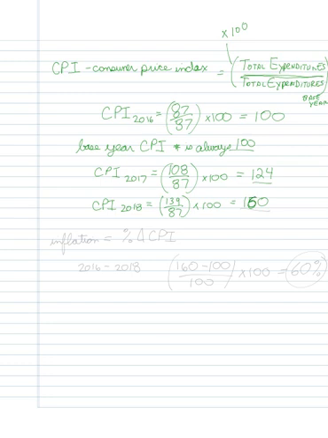So now with these CPI numbers, inflation equals the percentage change in my CPI numbers. If we look at 2016 to 2018, then I would have 160 minus 100 over 100 times 100, equaling a 60% change between 2016 and 2018.